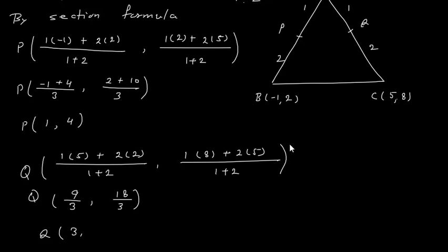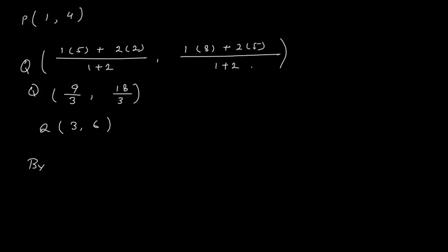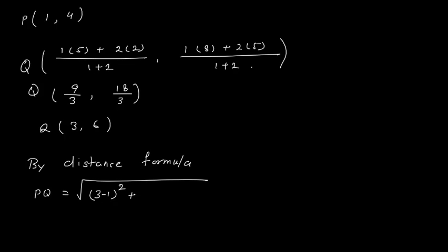Now we can find distance PQ. So by distance formula, we get this distance PQ as the square root of 3 minus 1 the whole square plus 6 minus 4 the whole square, which equals, now 3 minus 1 is 2, 2 the whole square is 4, plus 6 minus 4 is 2, 2 the whole square is 4.